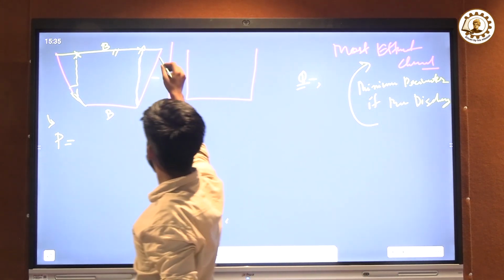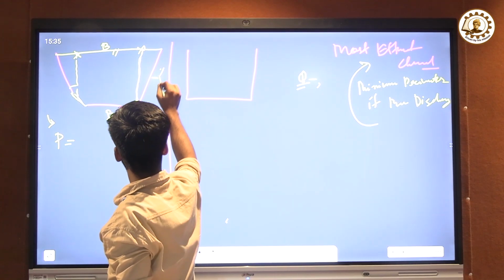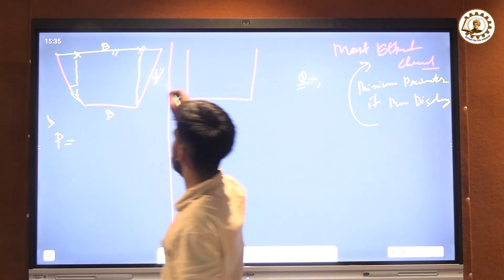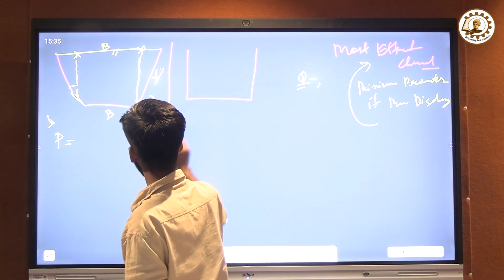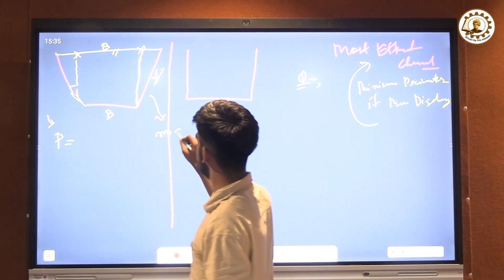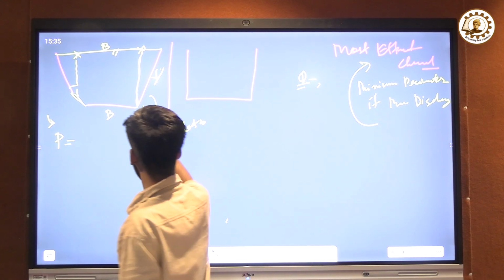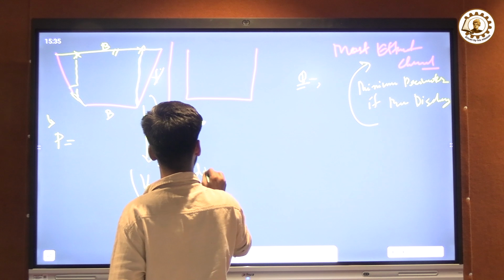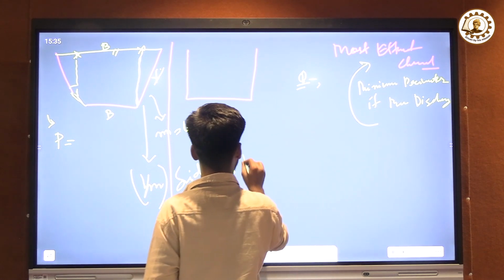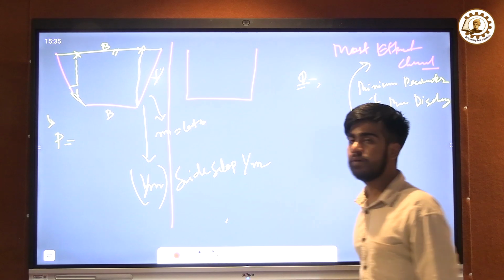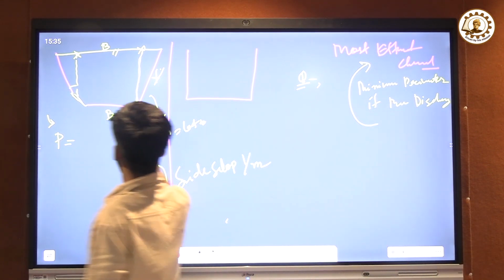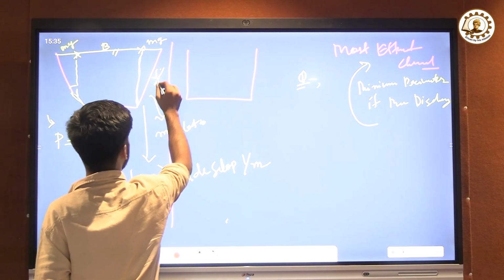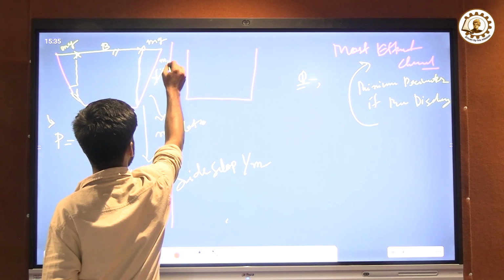Now for this thing, we will do it like this. If this line has a tendency of m, where m is the value of cot theta, I mean the side slope, if the side slope is 1 by m, then we can write this part as my, this part as my.